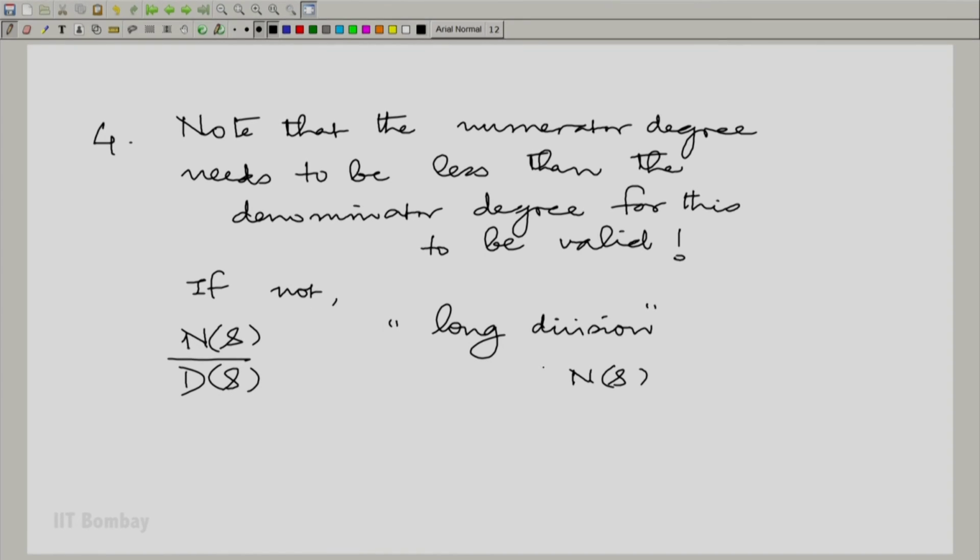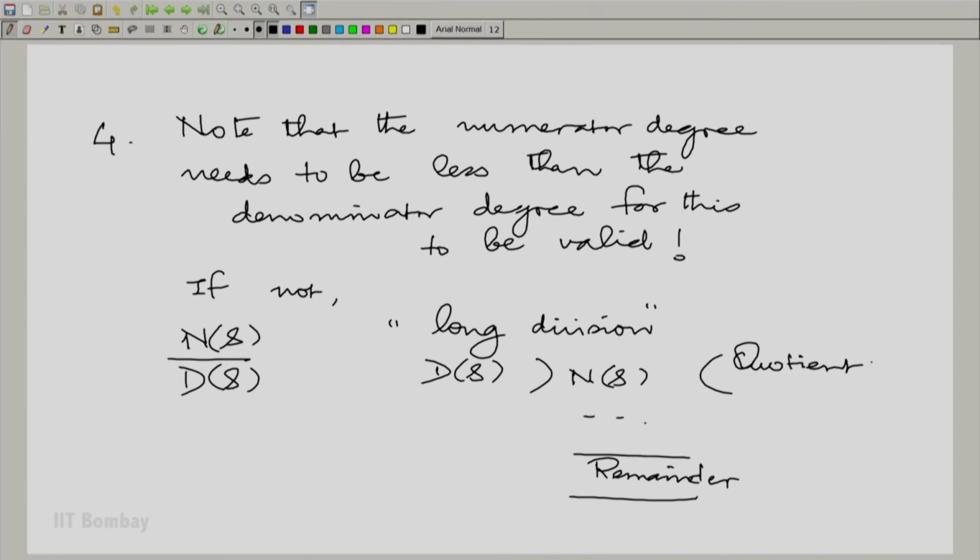So, n of s long divided by d of s, carry out the long division and get a quotient and a remainder. The quotient is in s, let us call it q of s, and the remainder is r of s.